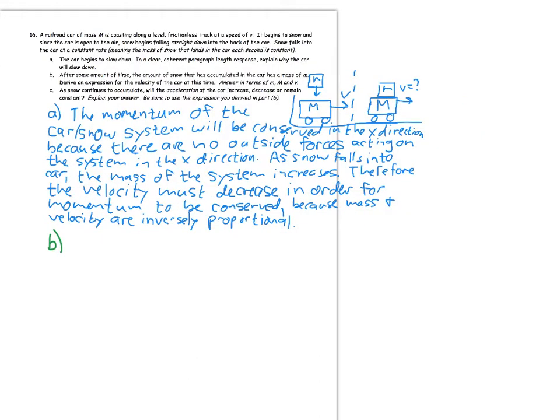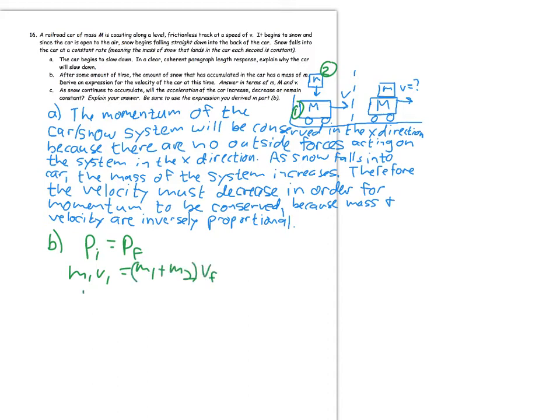So for part B, we want to figure out what the velocity of the car is going to be after the amount of snow that has accumulated in the car is a mass of m. So we're going to set up conservation of momentum here. Initially we're just going to have the mass of the car, which I'll call object 1. Afterwards, we're going to have the car and the snow combined, so both 1 and 2, their combined masses, times the new final velocity.